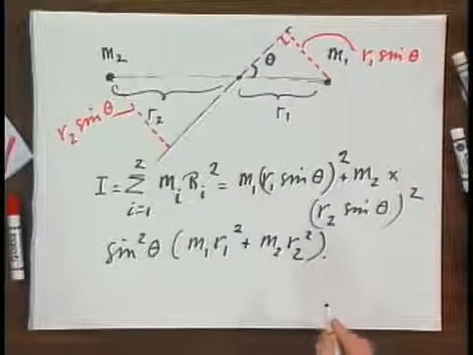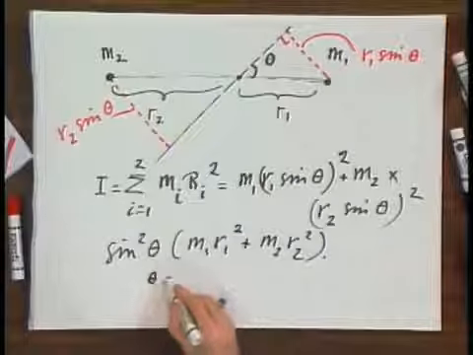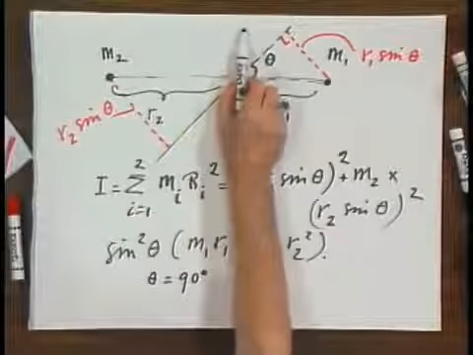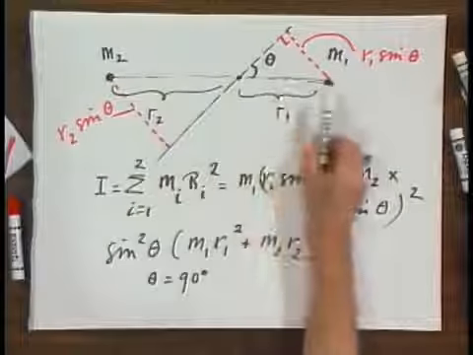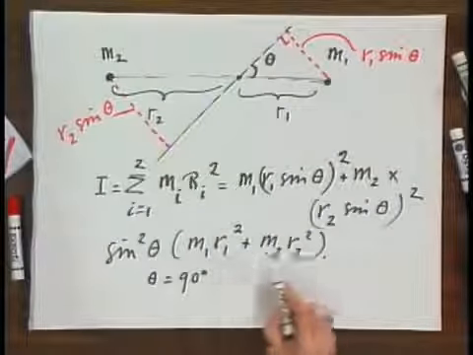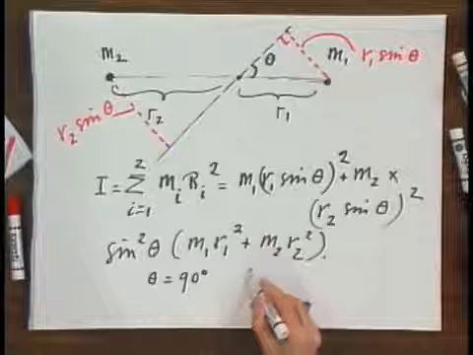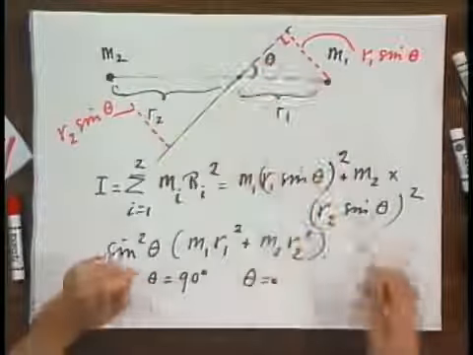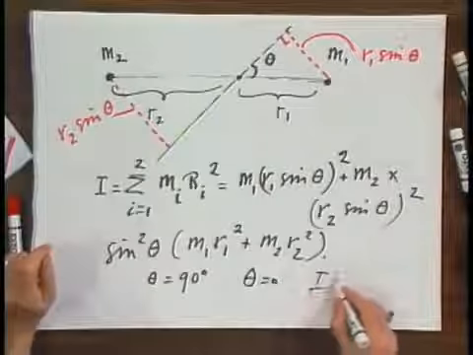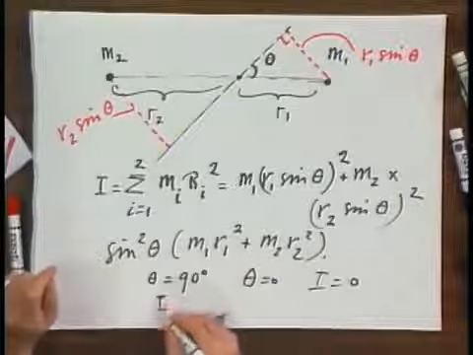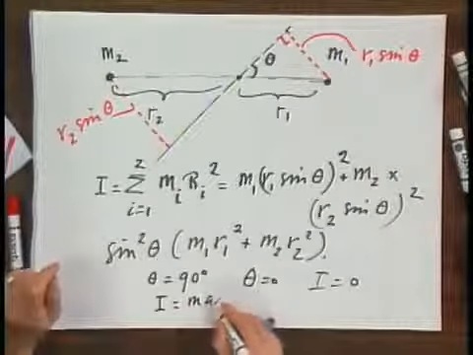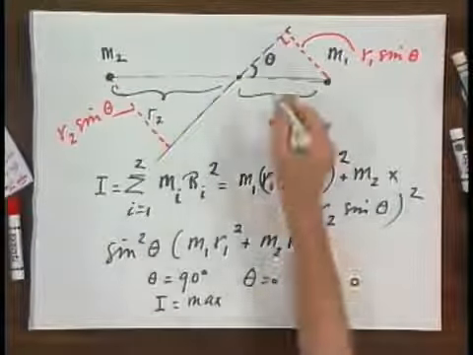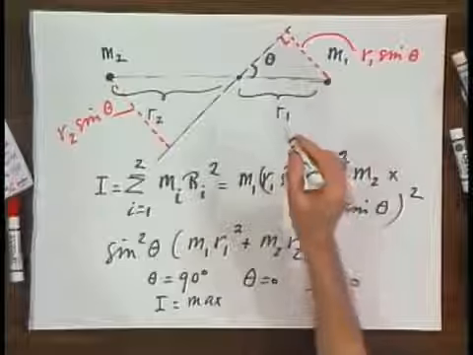And you can see immediately that when theta equals 90 degrees, that means when the axis is perpendicular to the line that connects them, then you have a maximum. We already derived that. But when theta equals 0, the axis is like this, then the moment of inertia equals 0. And here the moment of inertia is the maximum value possible. So it very much depends on the geometry.